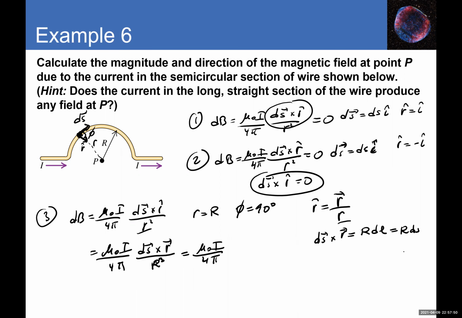Technically there's also sine of phi, but phi is 90 degrees, so we can ignore that. So this becomes r dl divided by r cubed.